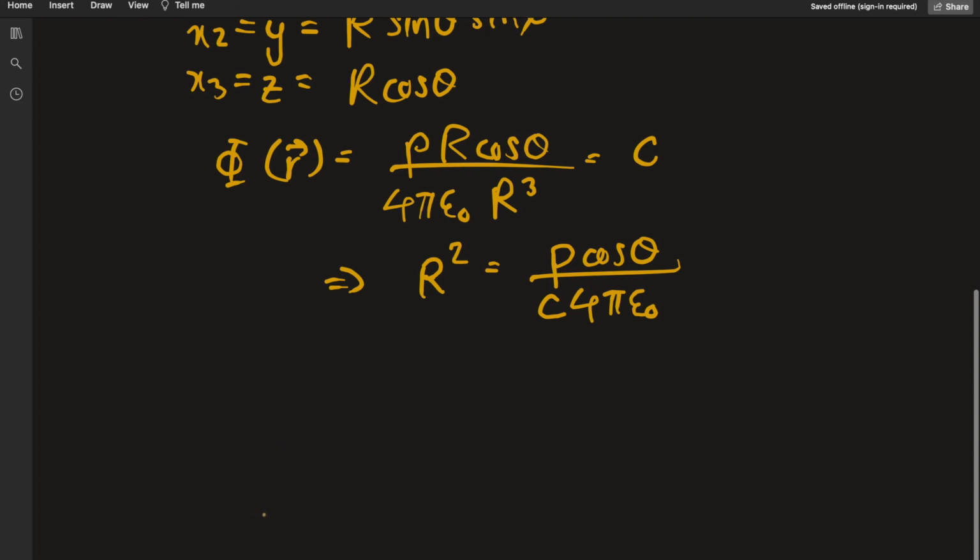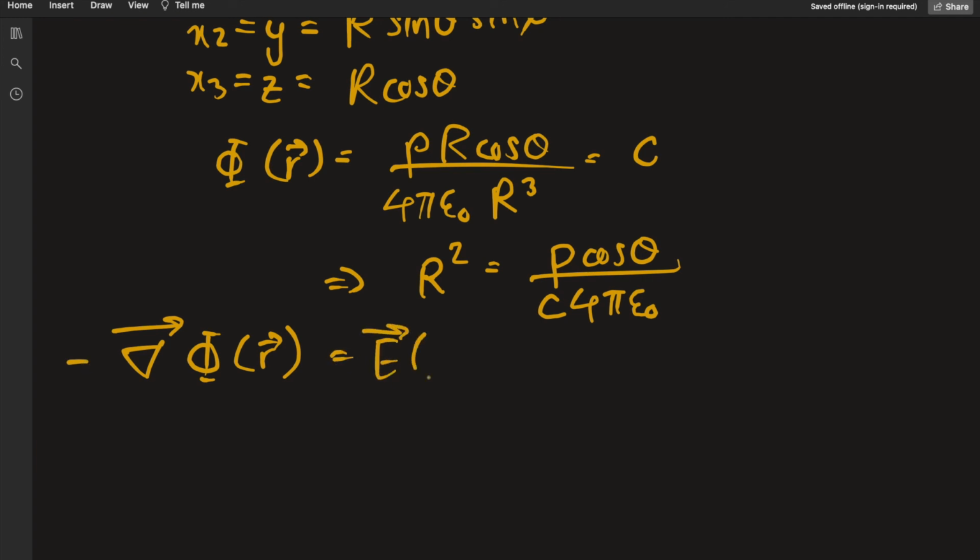Now, the vector field you can generate from this scalar field is by taking the gradient of the potential scalar field. The negative gradient of the potential is the electric vector field. That's how it's defined. There's no dispute about this.